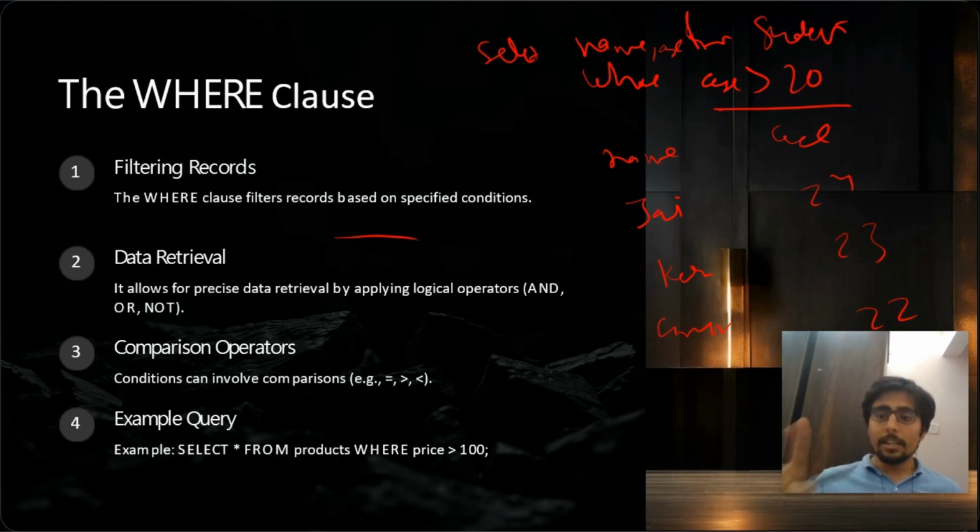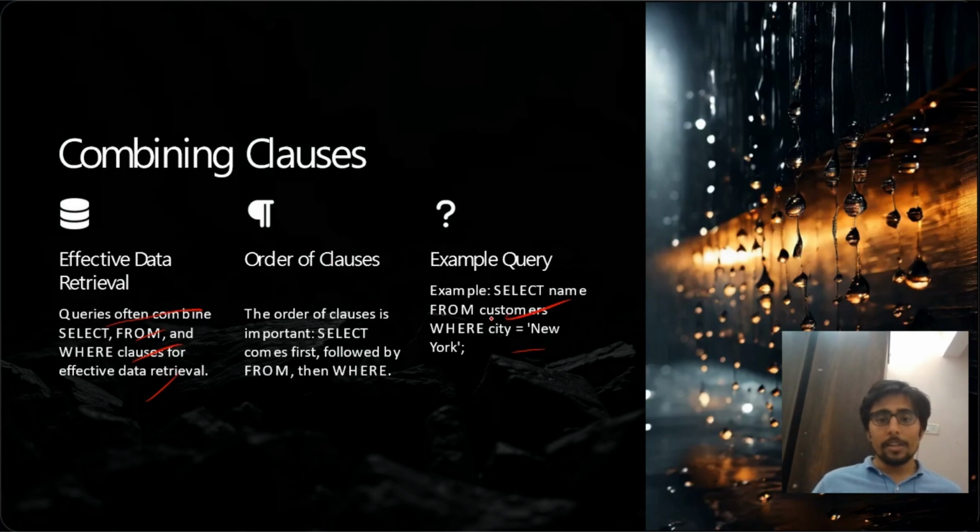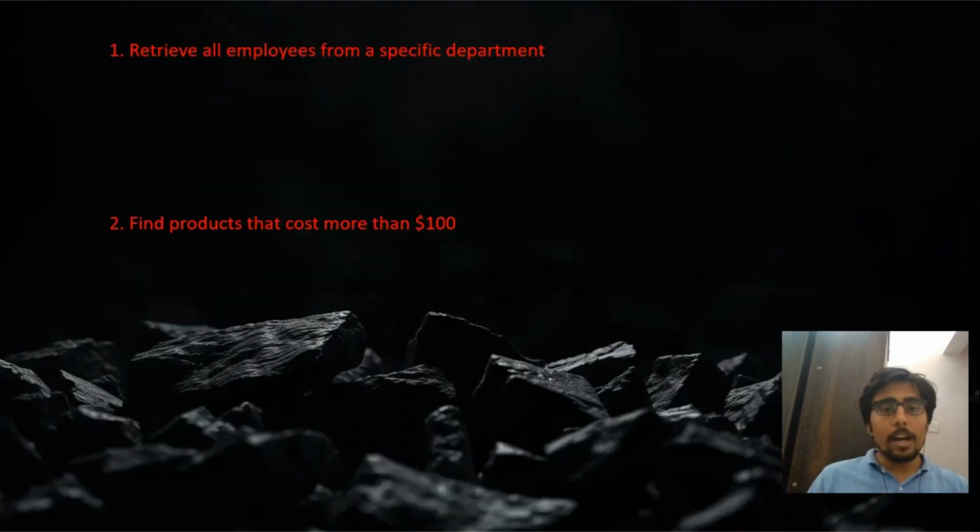Select name, age from student, this is another example that I gave myself, and this is one example as you can see over here, where city is New York. So what it will give is the name. For example, your name is Arnav, let's say, and your city is New York. So it will give the names of all the people whose city is New York in the database. So this is how it works.